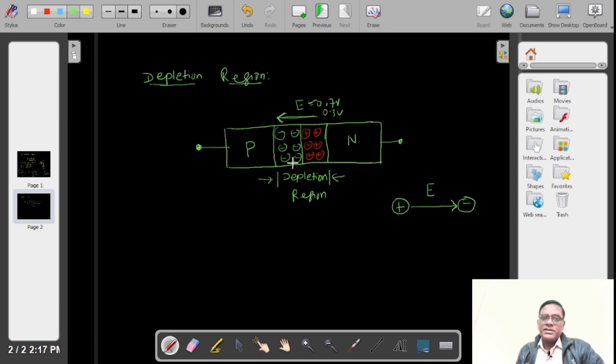That's why we say that the threshold voltage of a PN junction diode, or cut-in voltage or knee voltage, is 0.7 volt in the case of silicon and 0.3 volt in the case of germanium. Thank you.